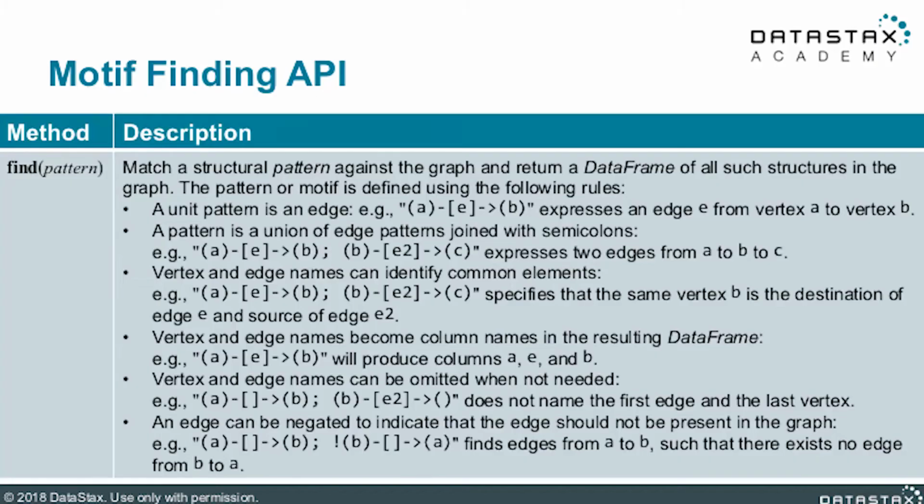Also, vertex and edge names can be omitted if they are not needed to be in the resulting data frame. Finally, an edge can be negated to indicate that the edge should not be present in the graph. This is done using an exclamation mark in front of a unit pattern. In this example, we find edges from A to B such that there exists no edge from B to A.